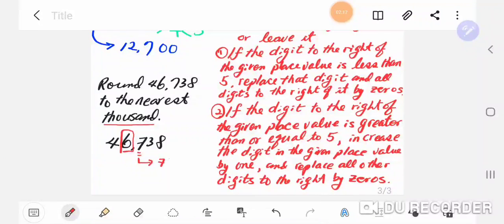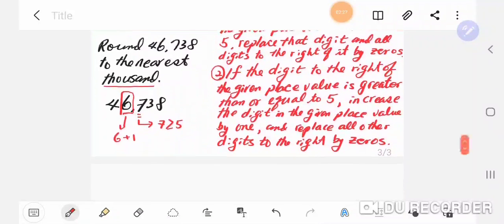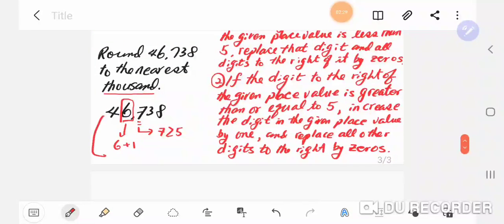Since 7 is greater than or equal to 5, we will increase this 6 by 1. So the answer for this one should be 47,000, and put the other digits as zeros.